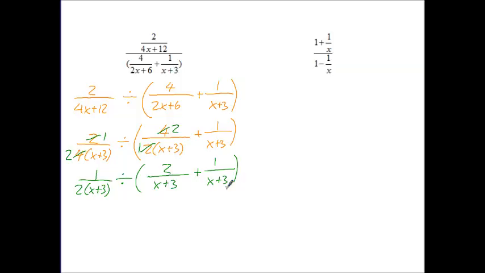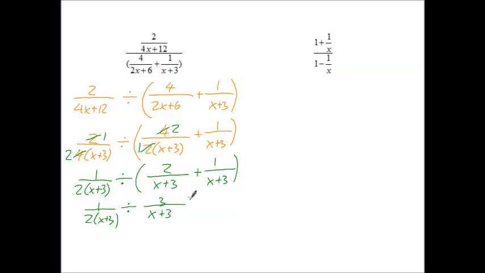We can add these two fractions in the back together. They already have the same denominator. Otherwise, we would of course have to look for the least common denominator. In other words, we got 1 over 2 times x plus 3 divided by 2 plus 1 is 3 over x plus 3.